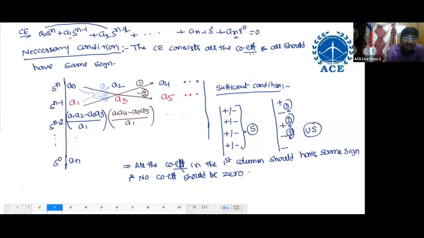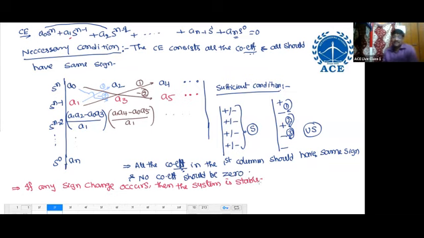If any sign change occurs, the system is unstable.